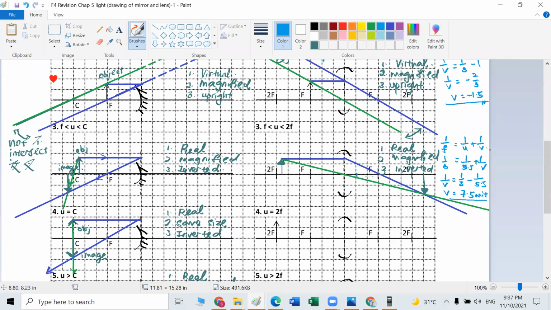So see 1, 2, 3, 4, 5, 6, 7. Around there.